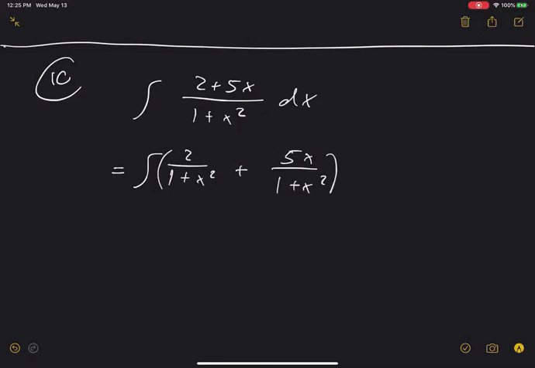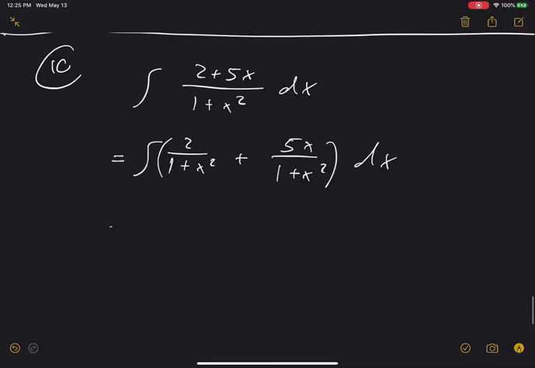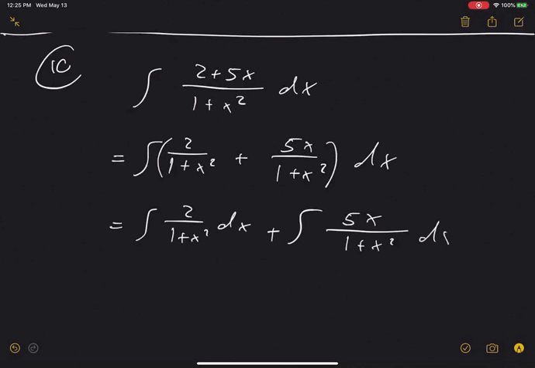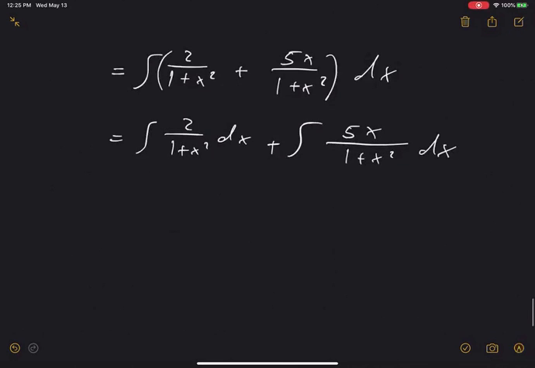Then I would integrate these things separately. It's fine to think of this as two separate integrals. This first integral should just be an inverse tangent. I pull out the 2 and write 1 over 1 plus x squared dx.